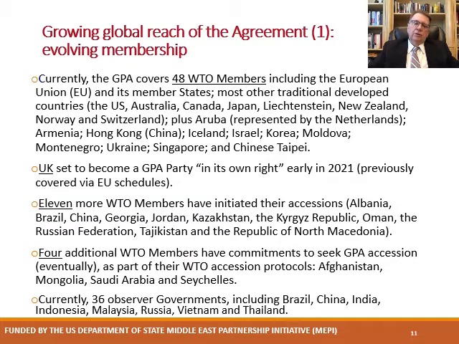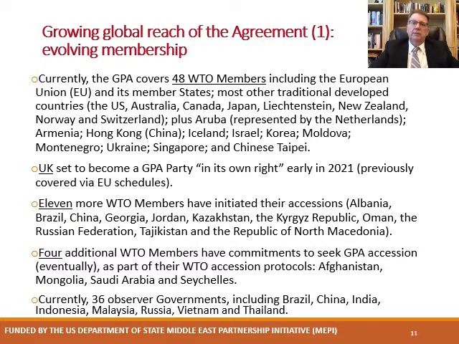It's worth noting also that there are 36 observer governments that follow the GPA. Observers don't have any obligations under the GPA. They're not legally bound by it, but they're just following it, indicating at least they want to learn a bit and be aware of new developments in the agreement.